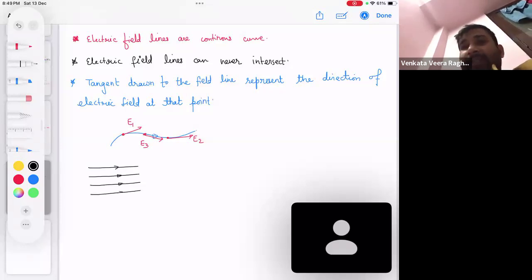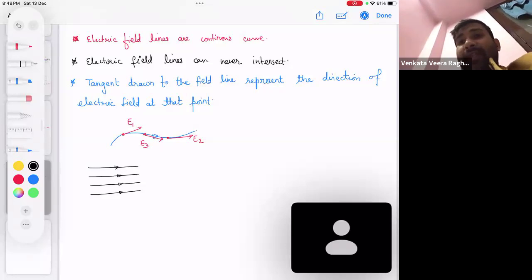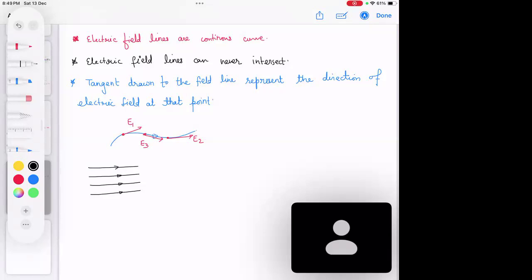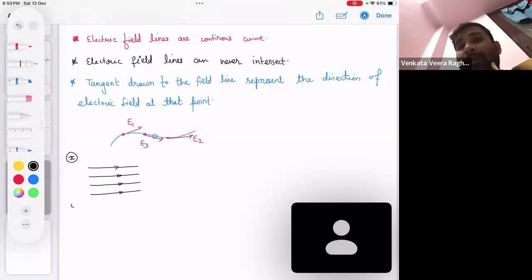Please tell me, this is an example of uniform electric field or non-uniform electric field? Uniform electric field. Why? Because if you look at the direction, is it always in the same direction? And you see the spacing between them. Spacing is also the same.